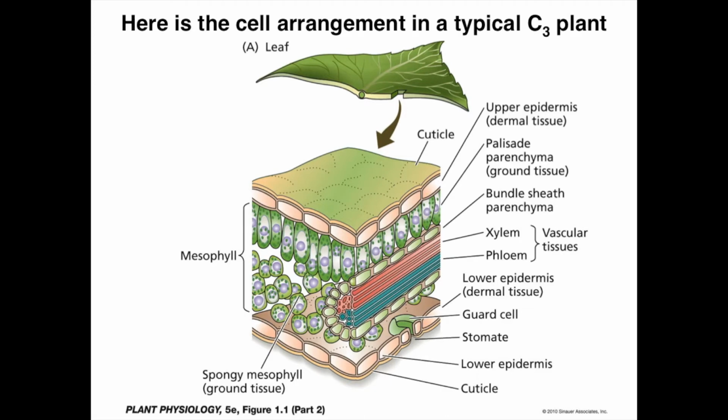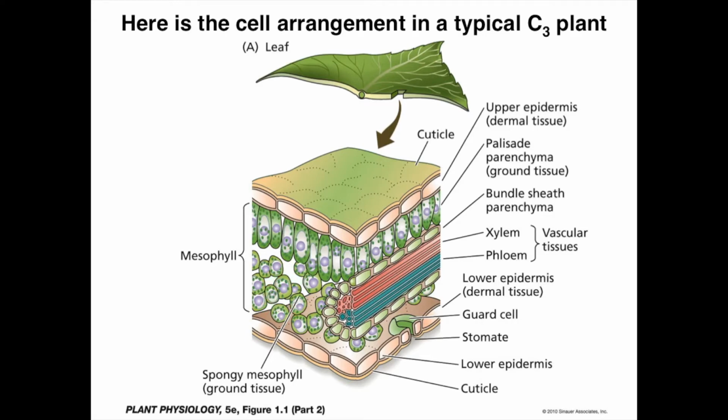As you can see, they are green, they have chloroplasts, and these mesophyll cells toward the upper epidermis tend to be more tightly packed, so we're trying to maximize capturing photons of light. And we also have these intercellular air spaces here.